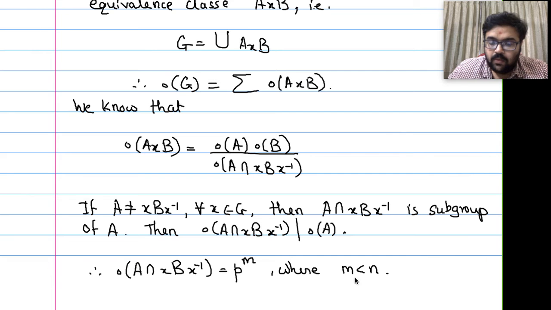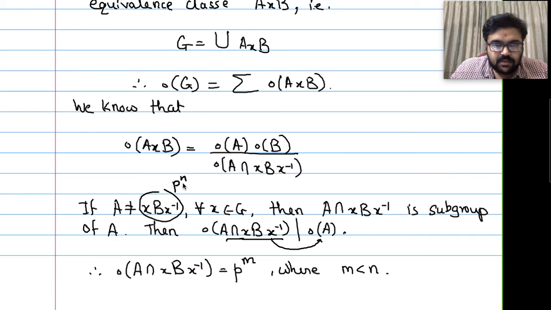Why is m strictly less than n? If m equals n, that means what? If the order is p power n, that means these two are equal. This is equal, but this is a subgroup. So if these are equal, and this has p power n elements, B has p power n elements, so this also has p power n elements.